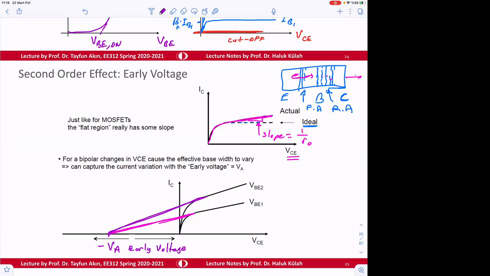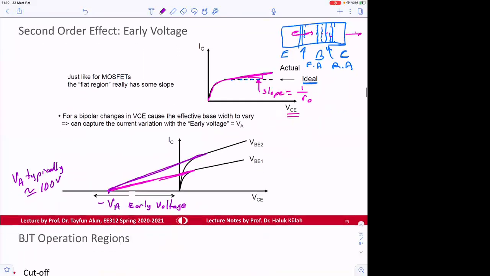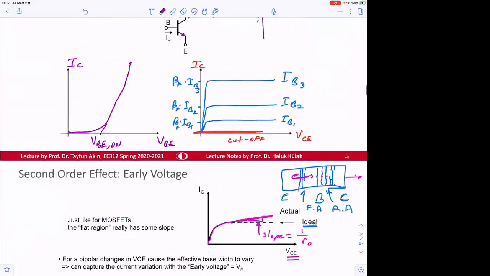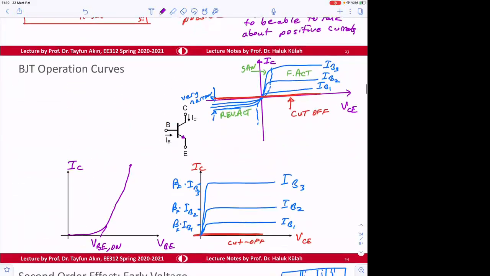And for practical purposes, we say that VA is typically going to be about maybe 100 volts or so. And we keep using this in our future operations. So we said that there are 4 regions of operation here.